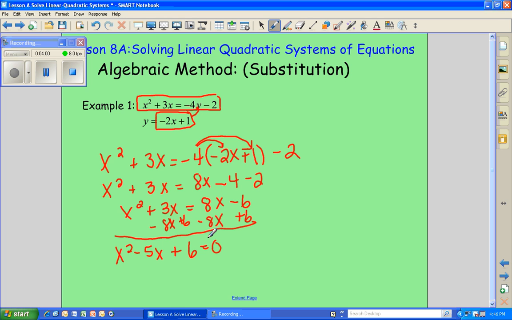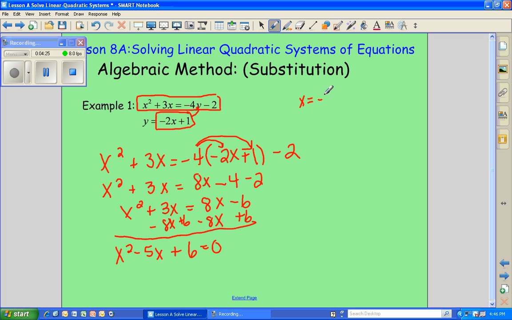Okay, at this point you're just solving a quadratic equation, so you have lots of options. You may solve it by factoring if it's something that's factorable. You may solve it using the quadratic formula. Even though yes, this is factorable, I'm going to go ahead and use the quadratic formula just in case you come across ones that aren't.